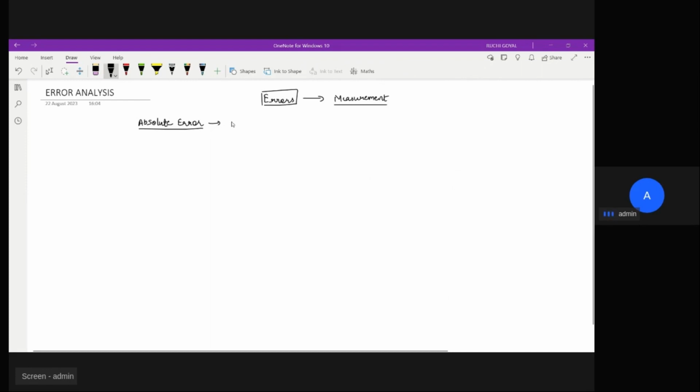So we can write it as the magnitude of the difference between the true value, or we can write it as actual value, and the measured value of a quantity. It is termed as absolute error.